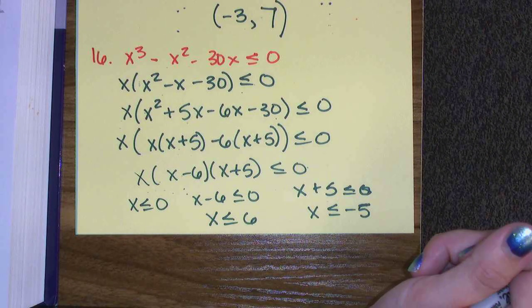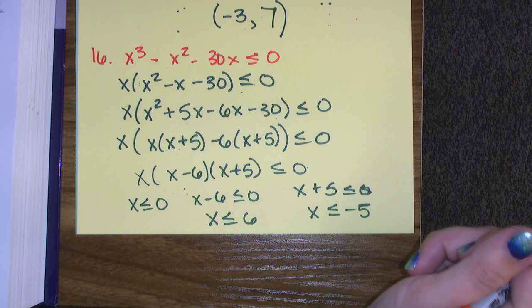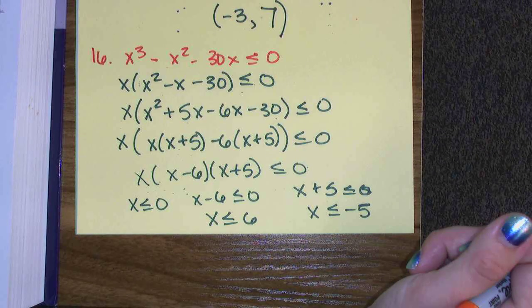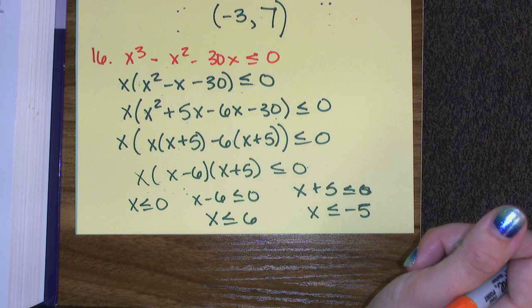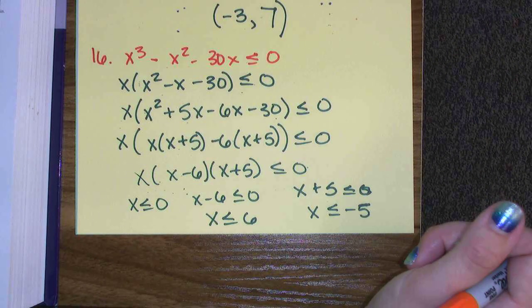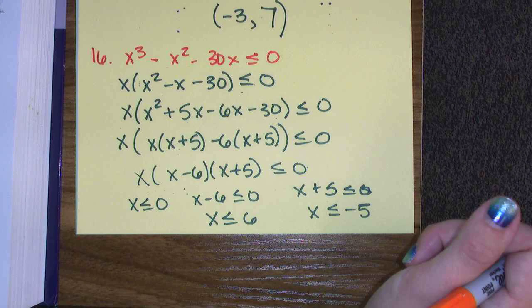What number worked? 7 works. 343 minus 49 minus 210, or 221. No, 210. Pretty sure that's greater than 0.